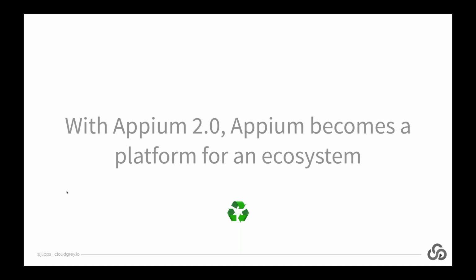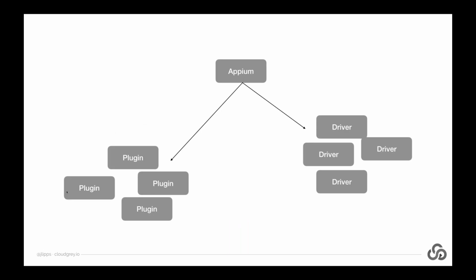The idea behind Appium 2.0, in my mind, the big picture is that Appium goes from becoming a tool, an automation library, to becoming a platform for a whole automation ecosystem that spans devices and platforms and frameworks and everything else. So the idea is that moving forward, Appium itself is going to be this one small piece of the puzzle.